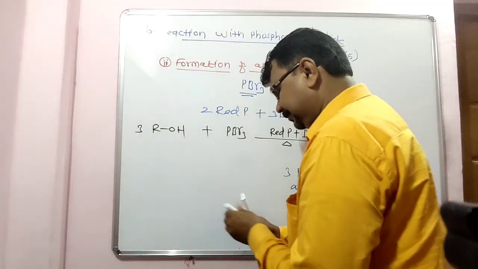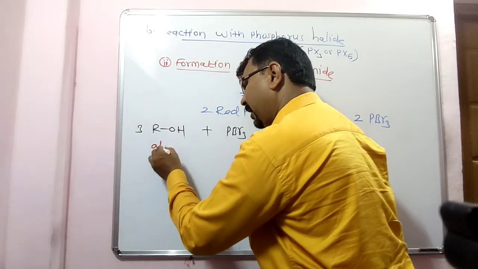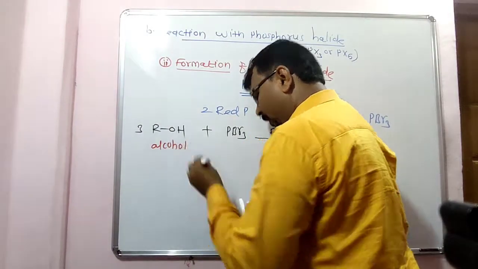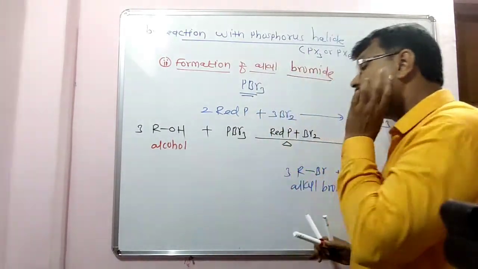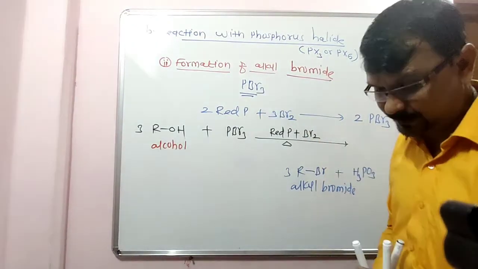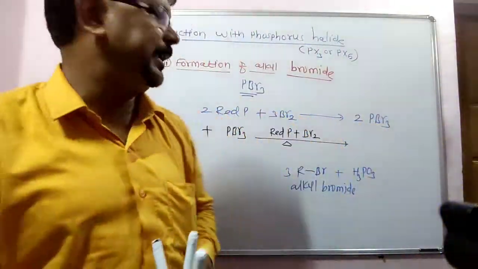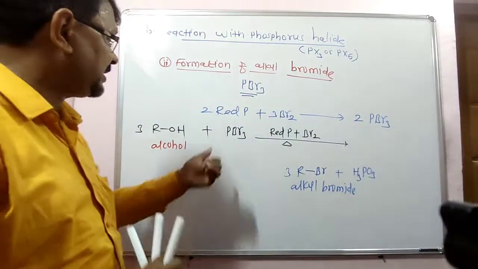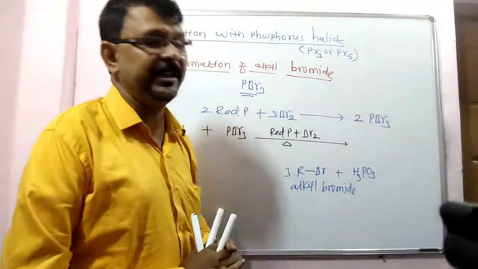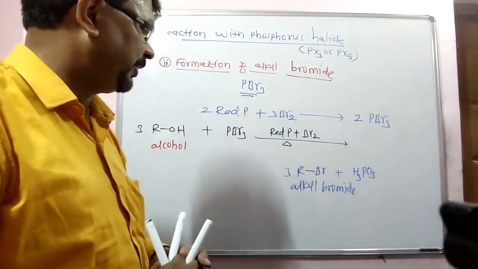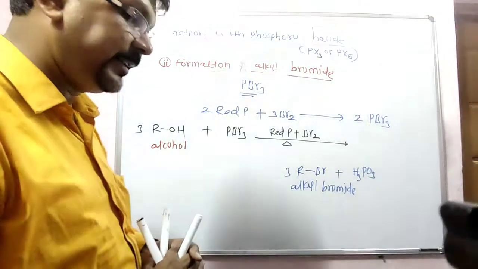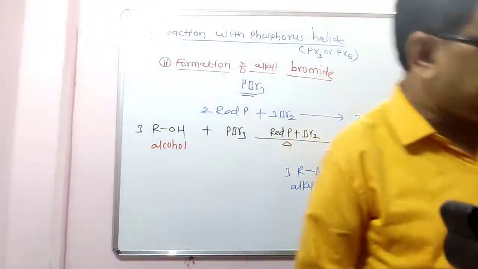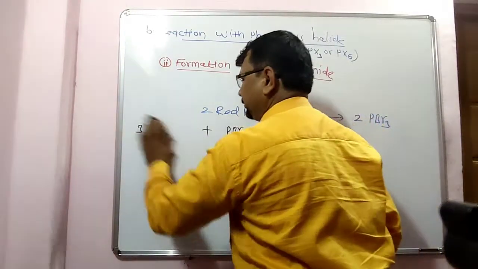What is this? Name of the compound here: alcohol. Look here, when an alcohol is heated with phosphorus tribromide, it gives the corresponding alkyl bromide. Correct? Yes.